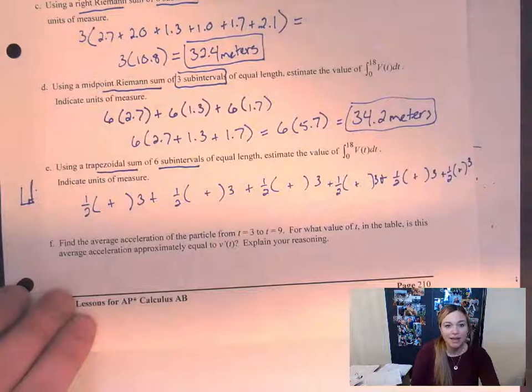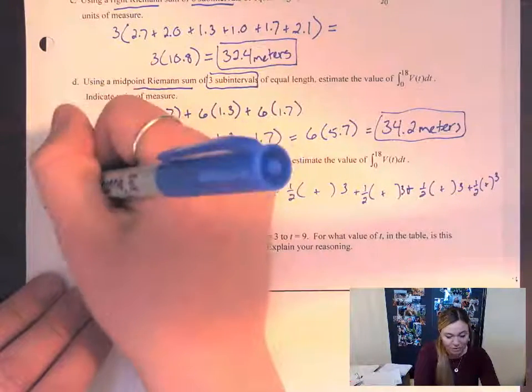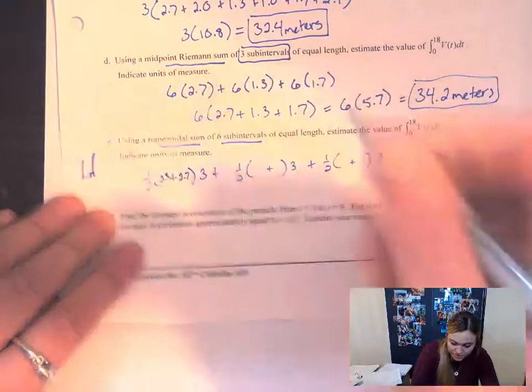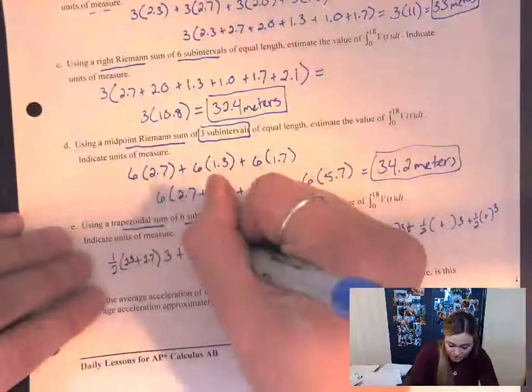The base 1 and base 2, remember, are the function values. It's like the function value at 1, function value at 2, or in this case, the function value at 0, the function value at 3. So 2.3 plus 2.7. Here, I'm going to take 2.7, because this is my next one, 2.7, 2.0.